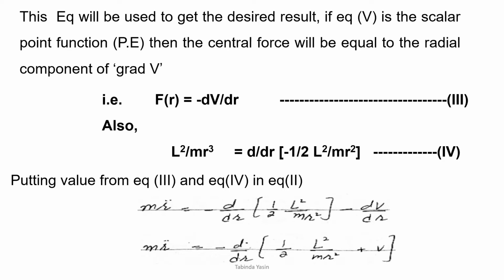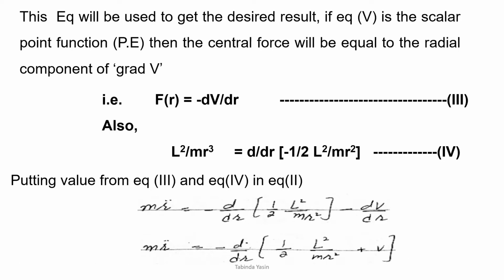Also, L square over m r cube, we have to find the value. So we are going to work out the value of L square over m r cube by making the differential form of it. From here we can see that L is constant, m is constant.